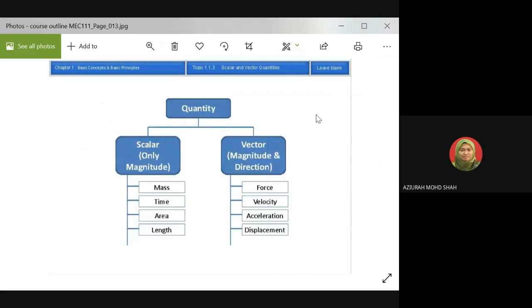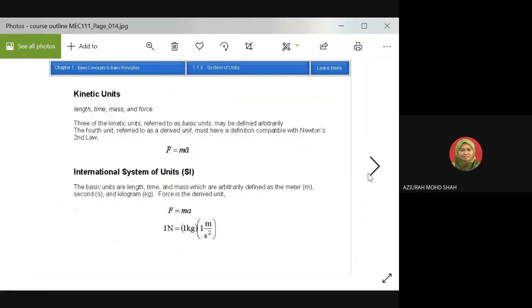Alright. Quantity. Tadi kawan kamu, one of your friend is already defined what is scalar and vector. So, semua patut tahu ya. Okay. Alright, kinetic unit ni, ini unit pun actually you have learned in MEC 101 right?